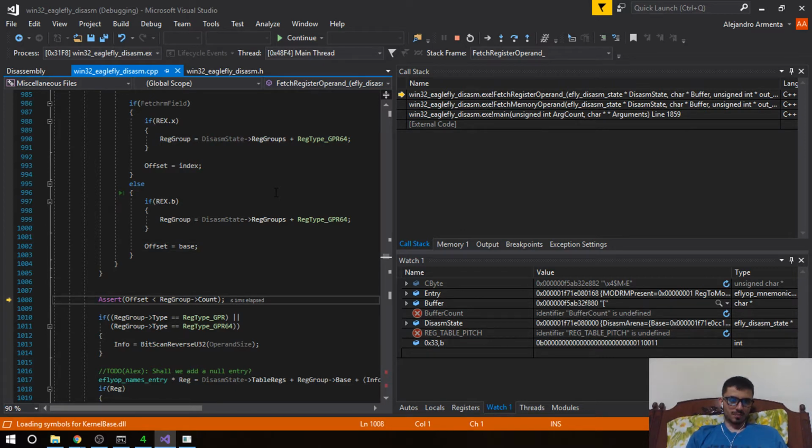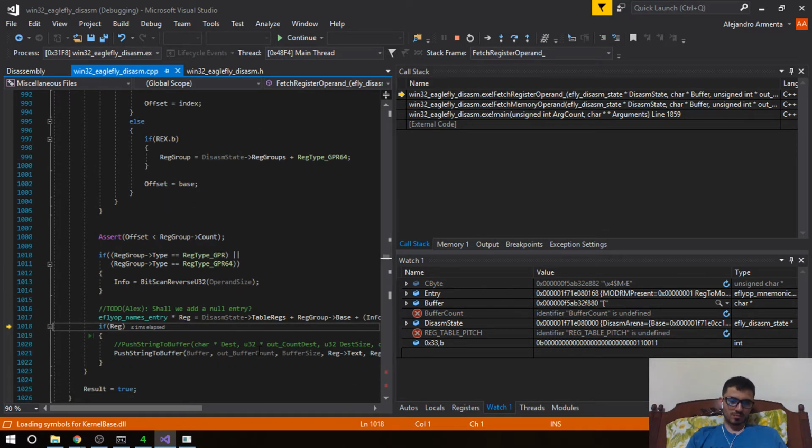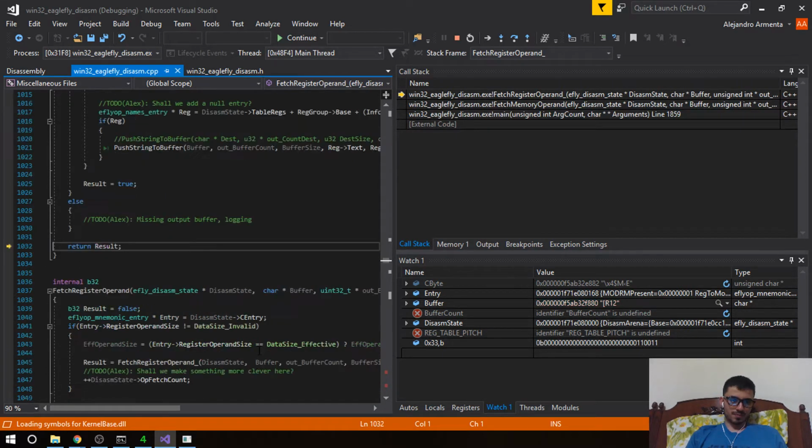And here we are going for that, which is the same thing, 3. There you go, that's R12, and then we push string to buffer.